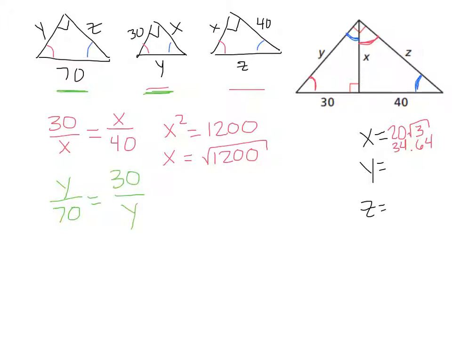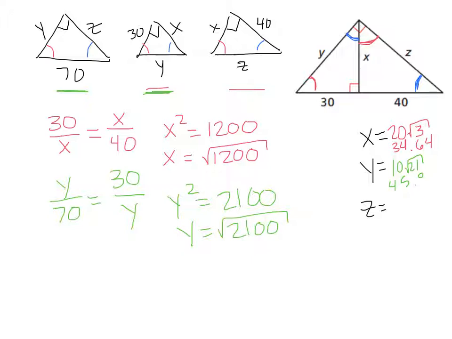Going to multiply and get y squared equals 2,100. So y equals the square root of 2,100, which can be simplified a little bit because of this 100. You can get 10 times the square root of 21, which is approximately 45.83.